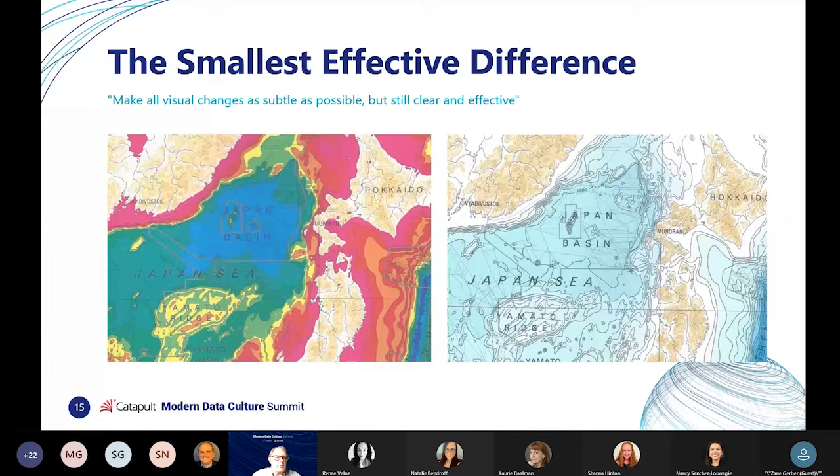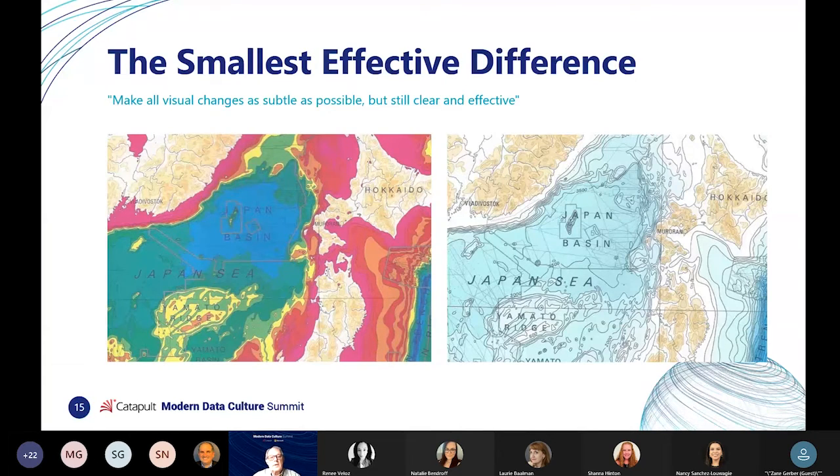So one of the guiding principles along those same lines is to use the smallest effective difference to portray changes in data. So think in terms of thinner lines in gray rather than black, use of minimal distinctions of color to reduce visual fatigue.